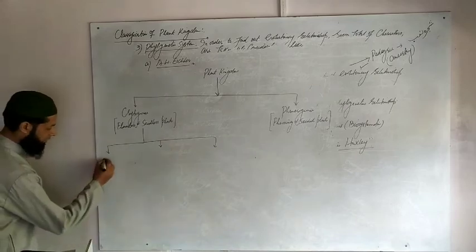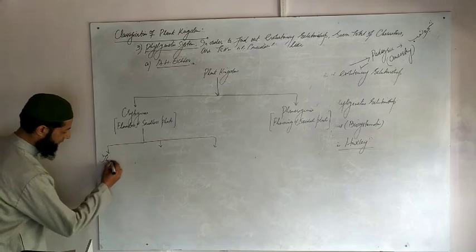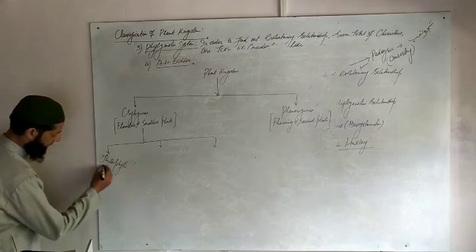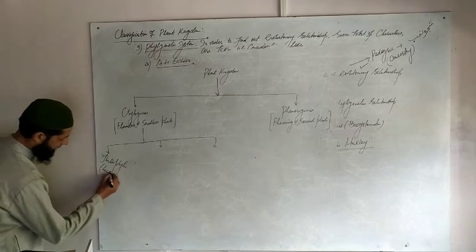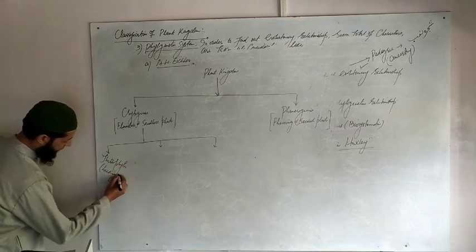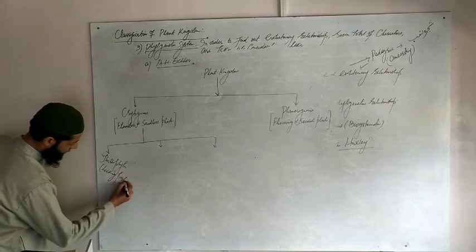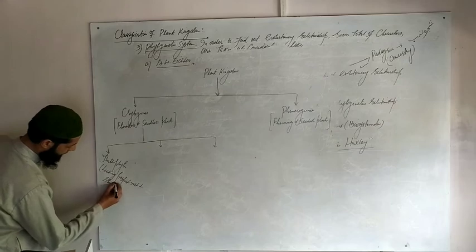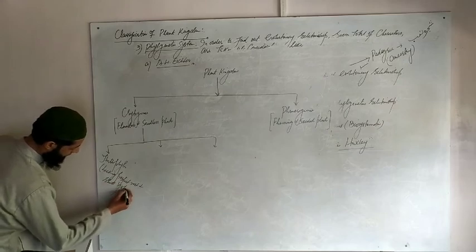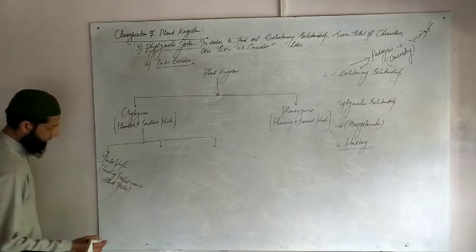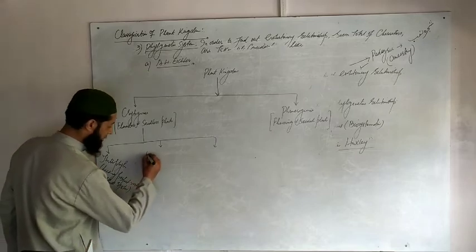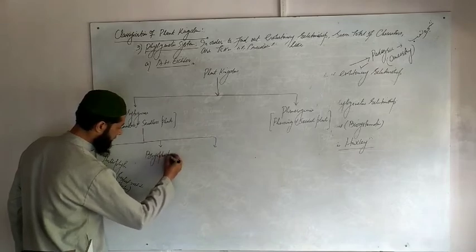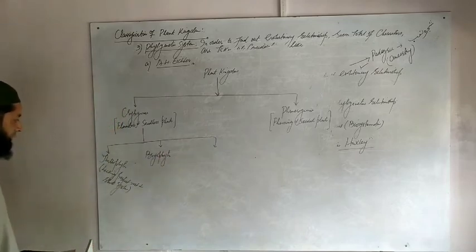Number one, thallophyta, lacking perfect root and shoot system. Second, somewhat advanced than thallophytes, you have the group called bryophyta.